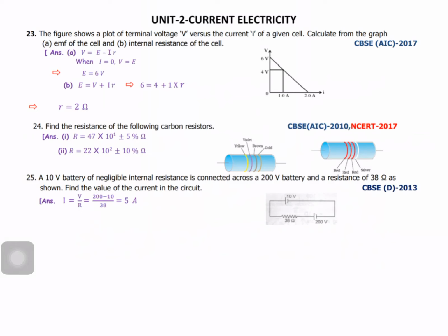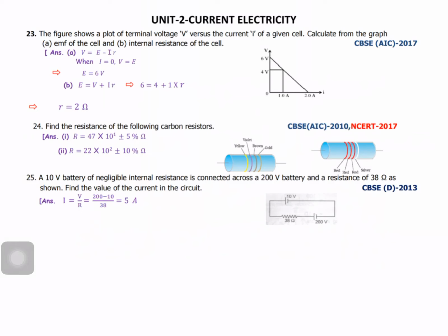First question. The figure shows a plot of terminal voltage V versus the current I of a given cell. Calculate from the graph the EMF of the cell and the internal resistance of the cell.